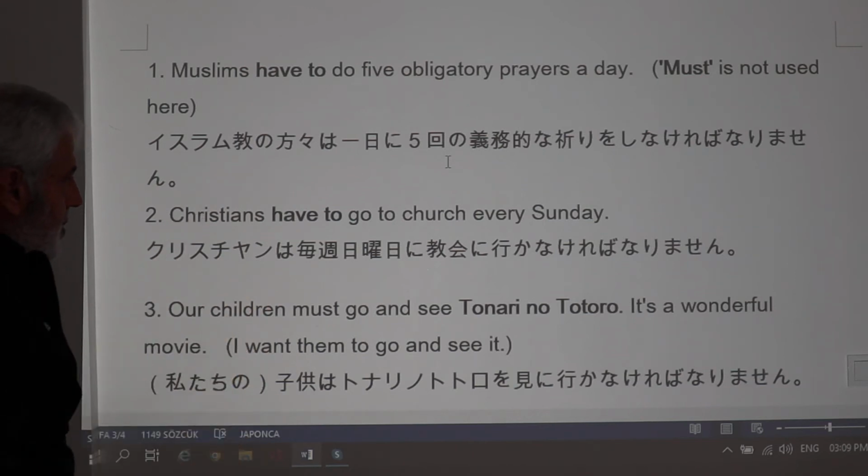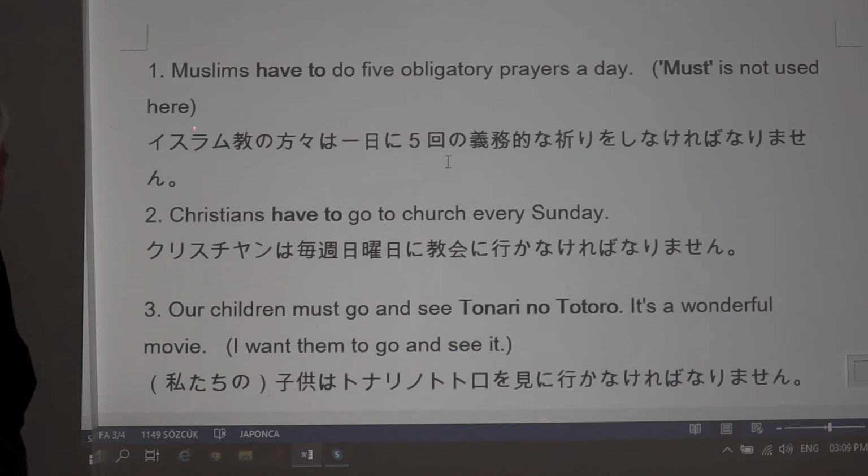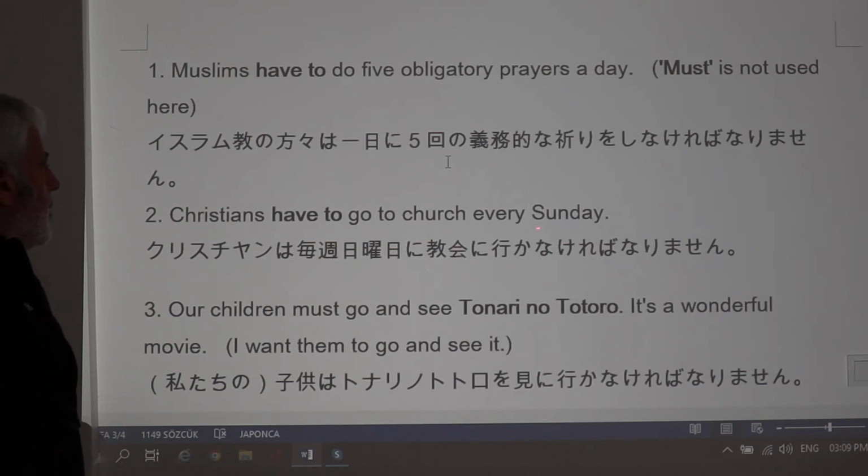Must is not used here. Must cannot be used here. Number 2、Christians have to go to church every Sunday. Christians have to go to church every Sunday.